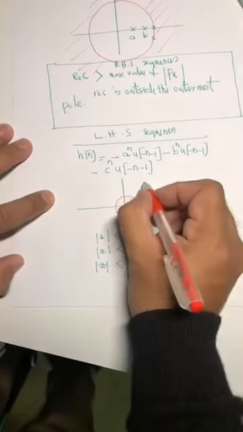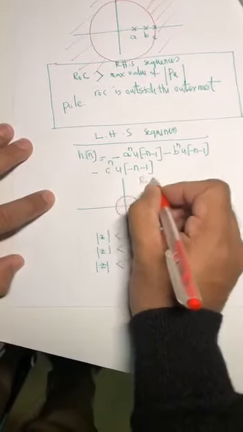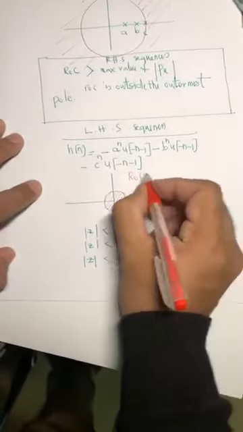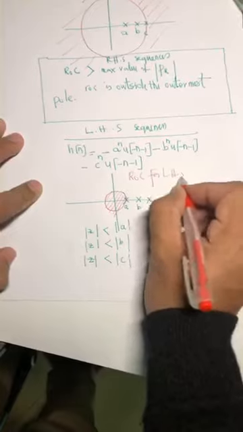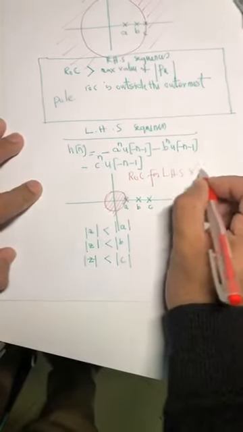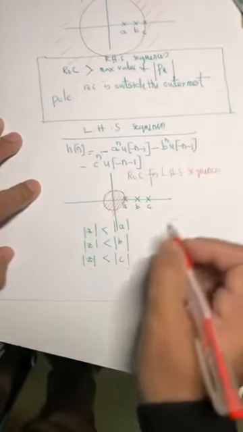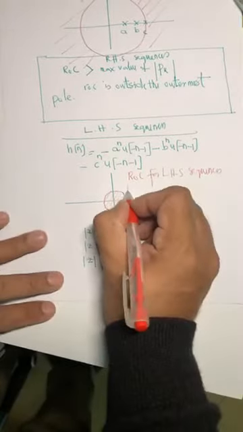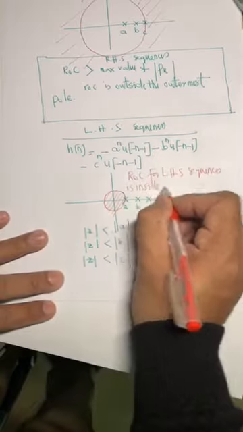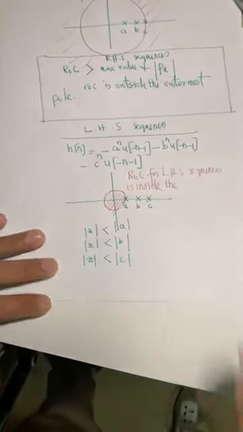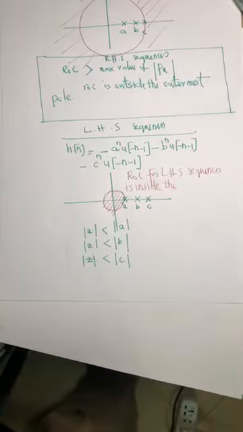So I can write region of convergence for left hand side sequences is inside the innermost pole.